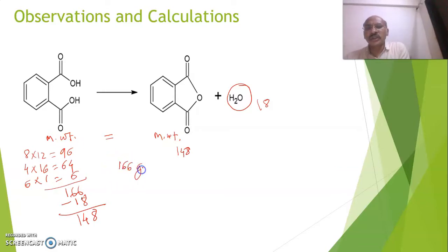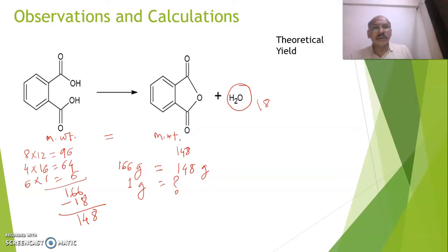166, we will write the unit as gram, corresponds to 148 gram for these two molecules according to the law of conservation of mass. Therefore, suppose we have started with 1 gram of the reactant, then how much should be there as product in grams, assuming 100% conversion? That will be the theoretical yield. So what will be the formula for theoretical yield?